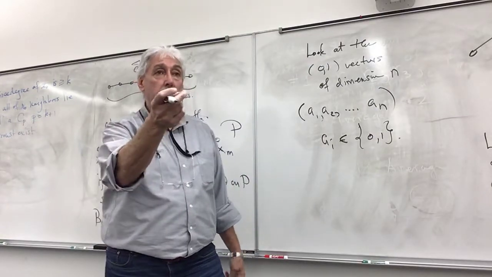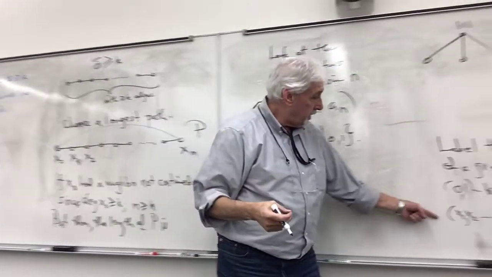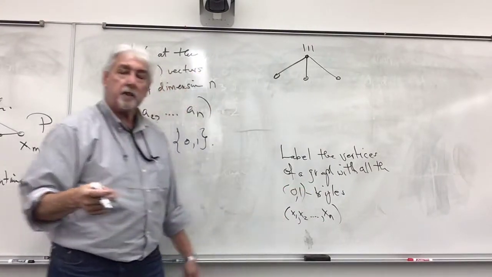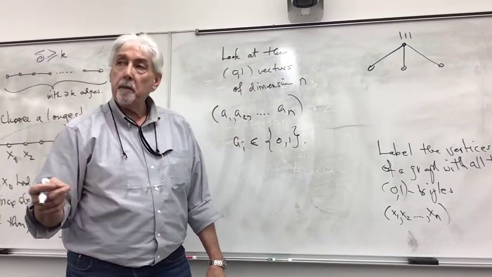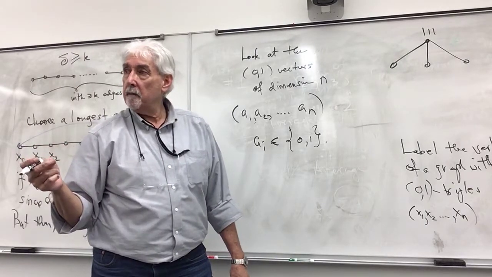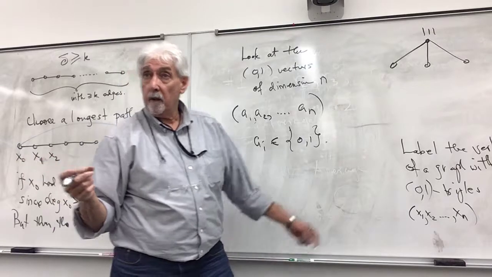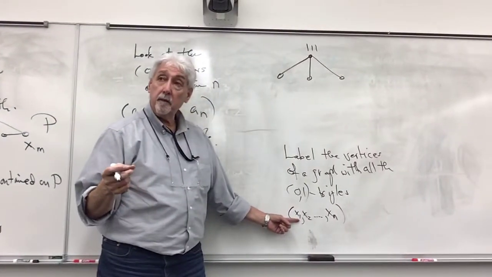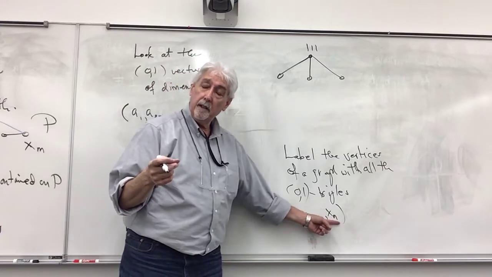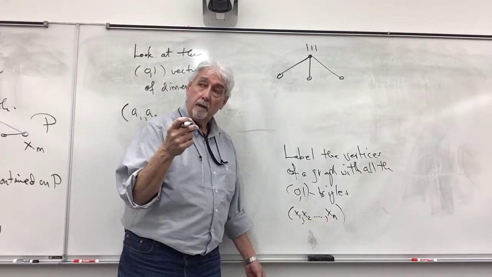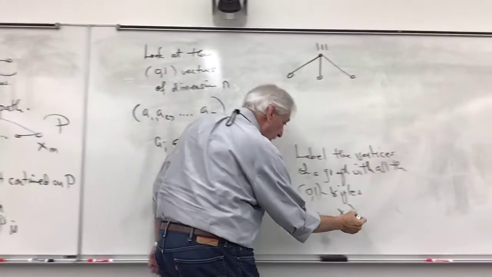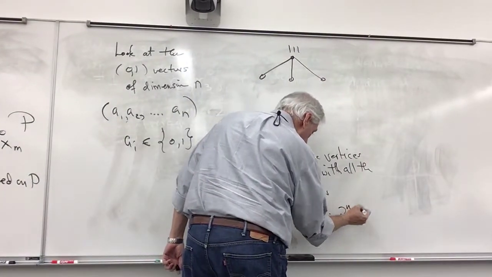So how many are there? Forget triples, let's look at n dimension. How many 0, 1 n-dimensional vectors are there? Let's see. How many choices for x1? And x2? And x3? And xn? So 2 times 2 times 2 times 2 times 2, 2 to the n. So this has 2 to the n vectors.